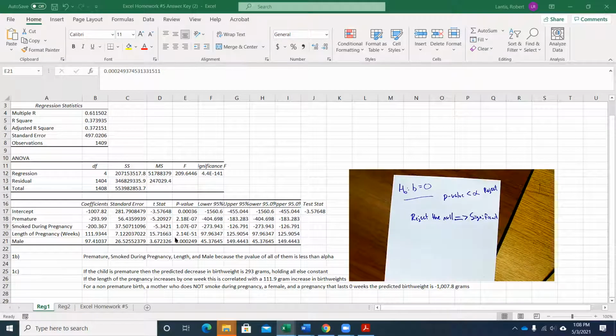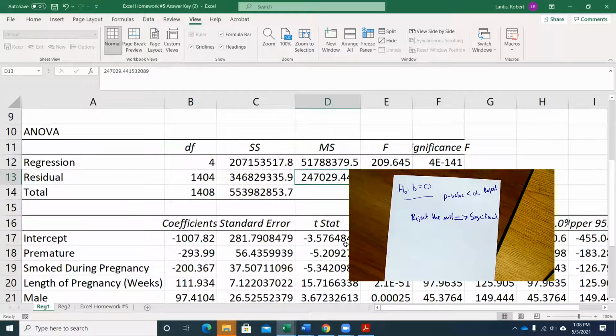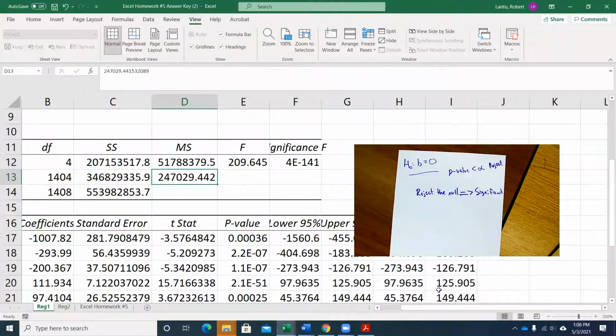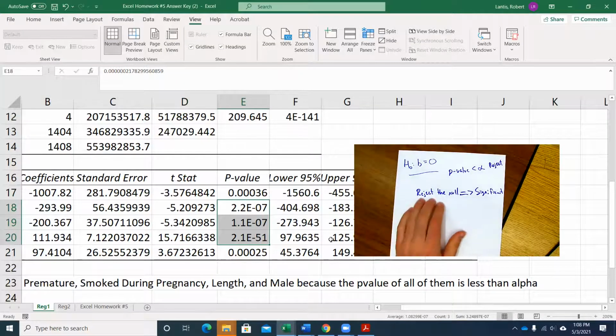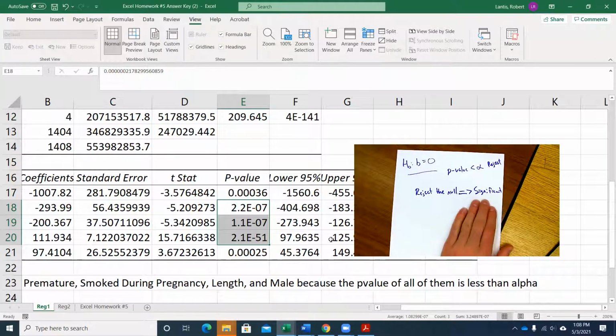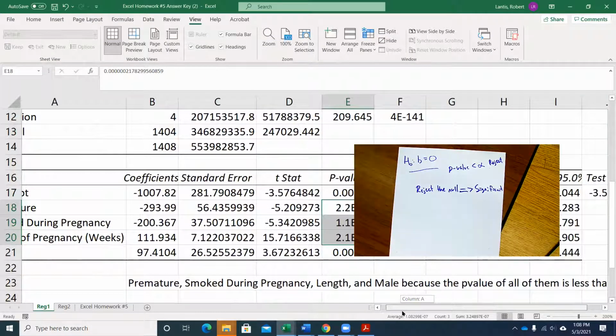Now, the problem is it's not just the male variable, because all of these variables as well have p-values where if it's e to the -7, that means move this decimal 7 places left. All these are pretty much 0 as well. So I actually would reject the null for all of them and say that they all have a significant relationship with my y variable, which I believe was birth weights.